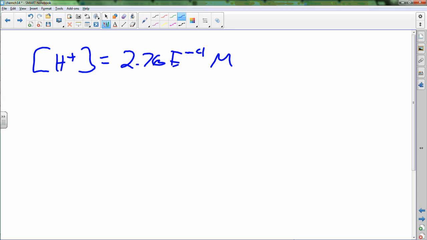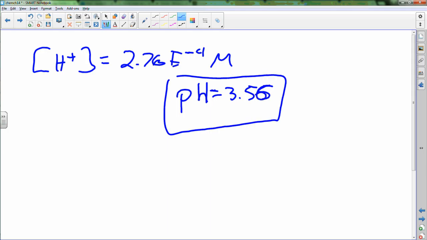What would be the pH of that solution? It would be 3.56. So we would say that the pH is 3.56. Just take the negative log.